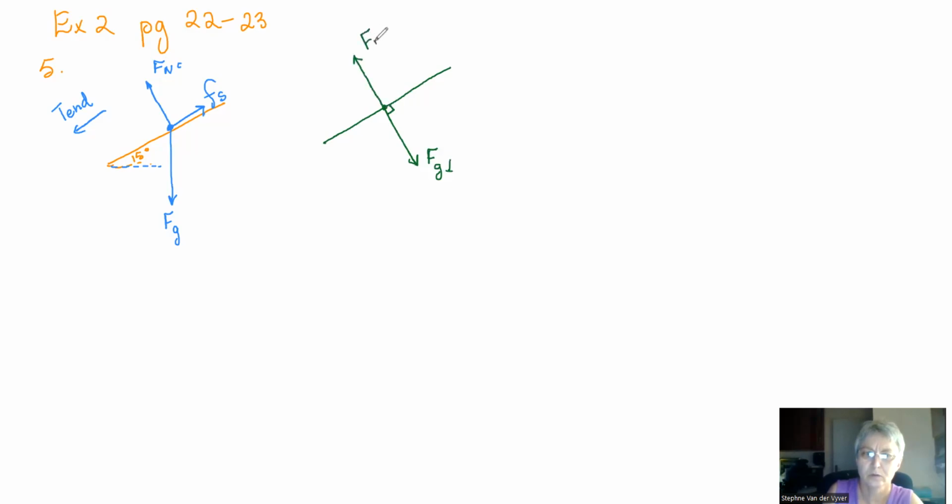So the normal would be the force of the surface on the object. The friction would be up the incline, and it's still static friction. And the parallel component of the weight will have the same magnitude as the friction. That brings us to the end of number 5.